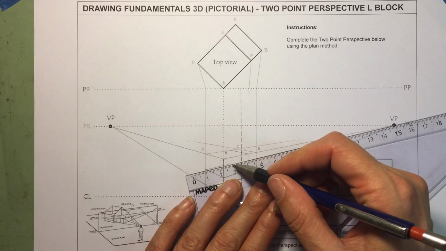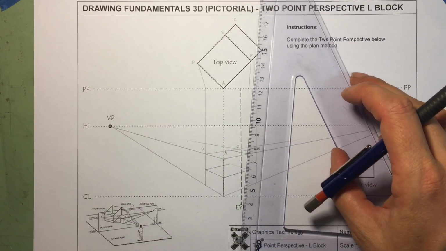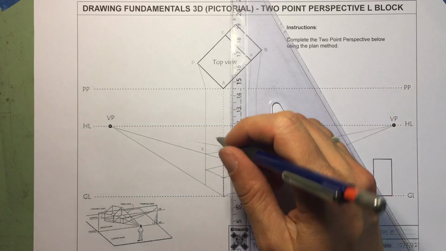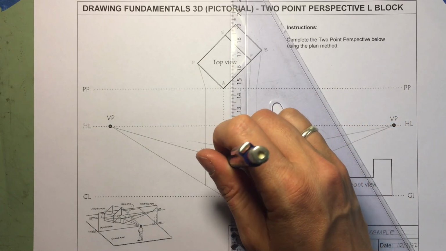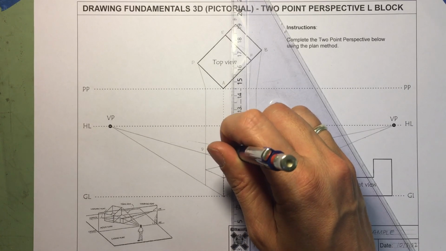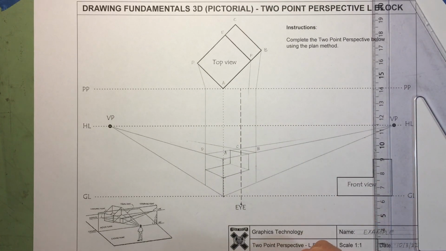Here, so it stops there. And then we should, with T-square and set square, if we've been careful and accurate, have 2 points in line with each other to get this edge of the L. There it is. So there is our L shape in 2-point perspective. Well done.